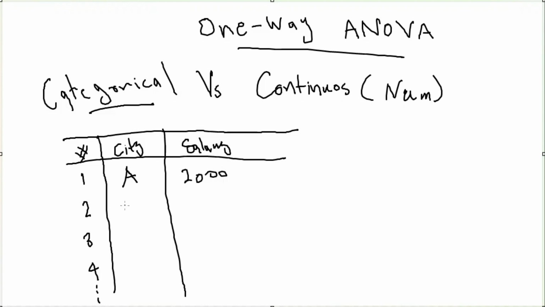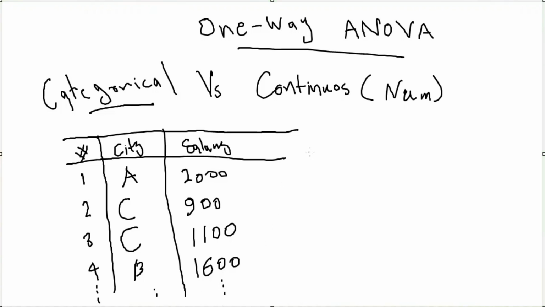Okay, individual number 2, let's say that he lives in city C and his salary is 900. This one, let's say again he's in C and his salary is 1,100. This one lives in city B, and let's say that his salary is 1,600, and etc. There are so many individuals in this database or the spreadsheet.